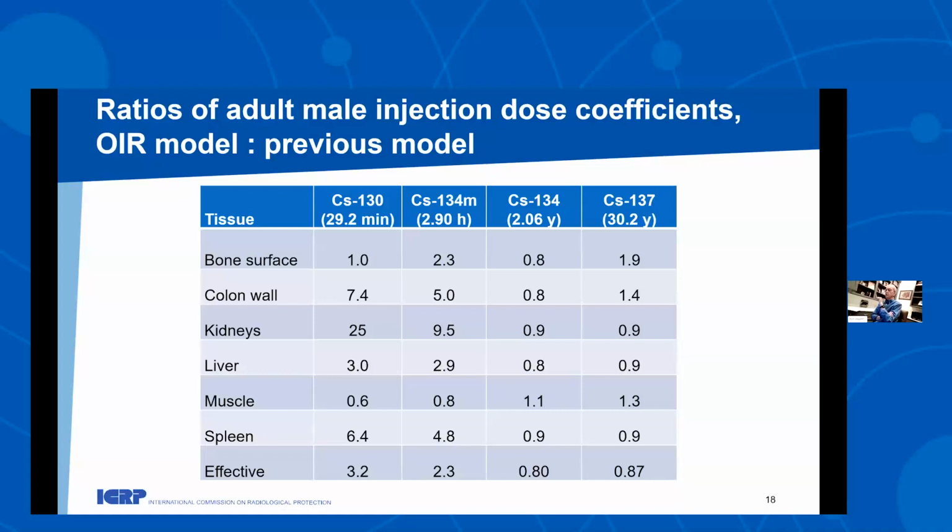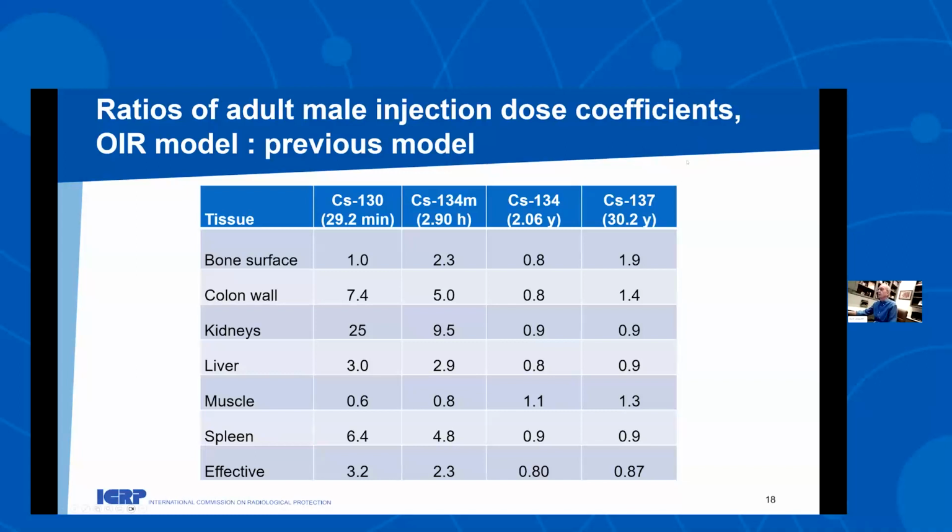The difference for the short-lived radionuclides is that the distribution of concentrations among different tissues is very high, as you saw in the earlier slides. But the differences decrease over time. Cesium in the body is still higher in muscle than in most other tissues, but muscle is fairly uniformly distributed in the body.